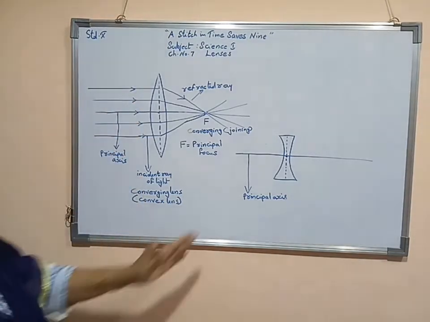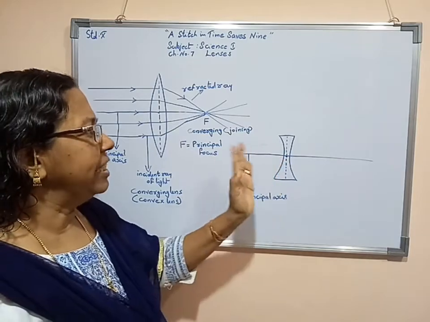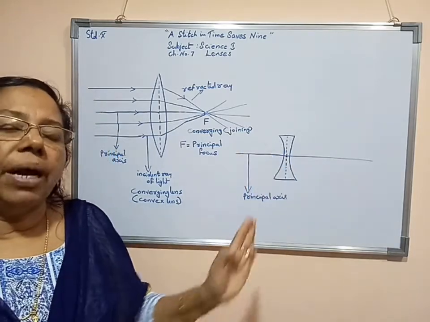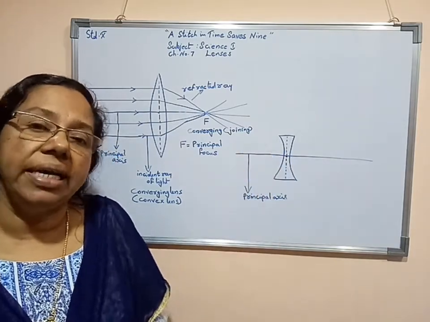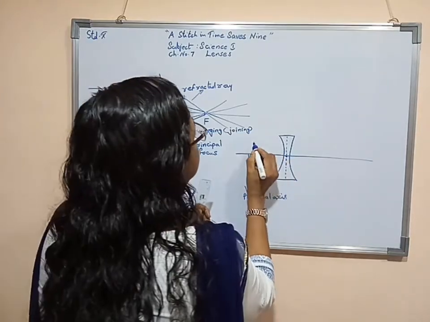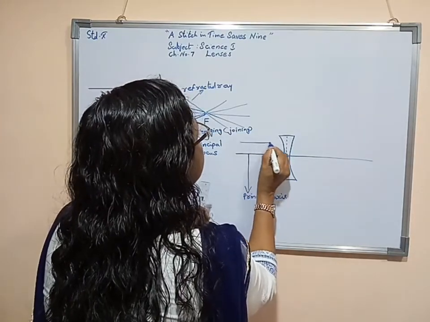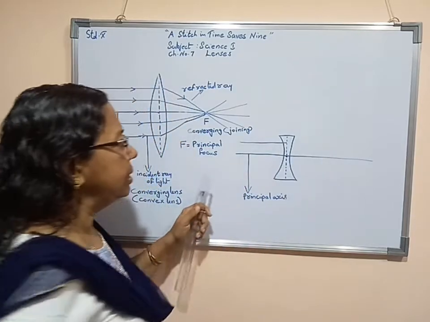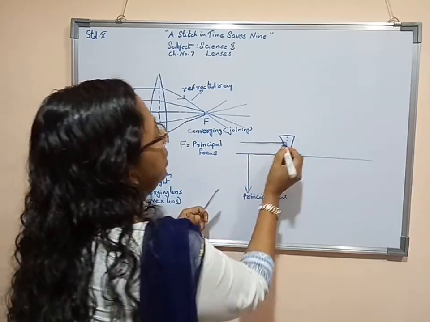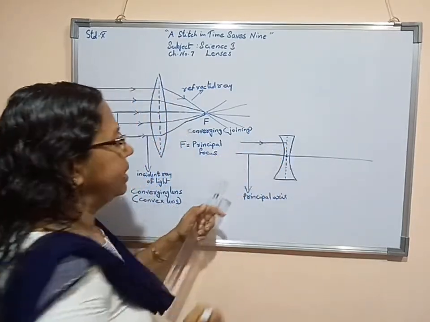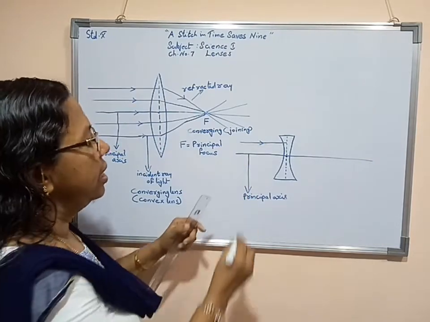Now we are going to study where the principal focus is formed by using a concave lens. Here I am drawing a straight line towards the center of the lens. This is the incident ray.